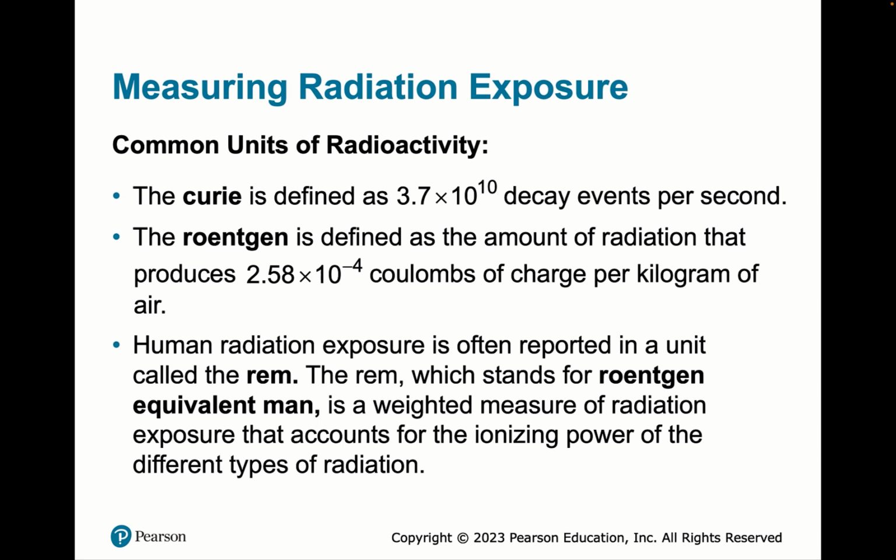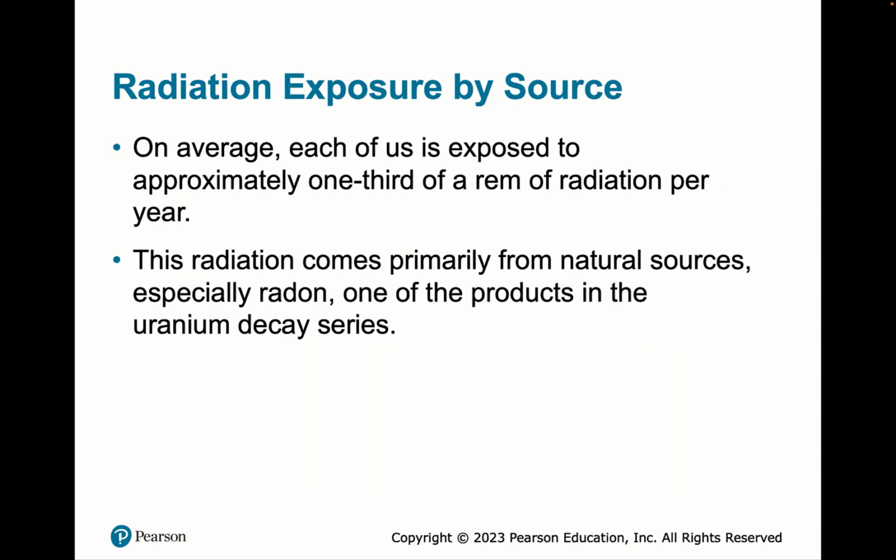So that's the charge per air, and then we typically do it by rem or gray. A rem and a gray are about the same. Rem means roentgen equivalent man. I've had CT scans, for instance, and I ask them what my radiation exposure was and that kind of thing. You can get them for nuclear imaging.